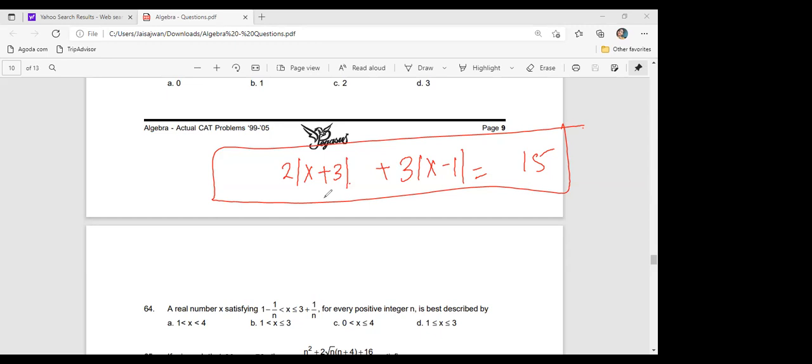How many possible number of solutions will you get? Okay, Sneha. Okay, Gaurav, Ashish. Okay, Ashish Agarwal.